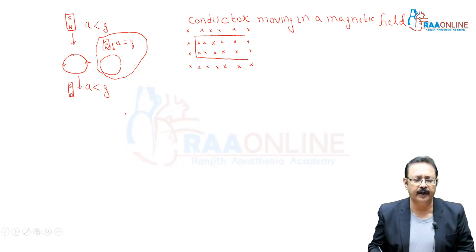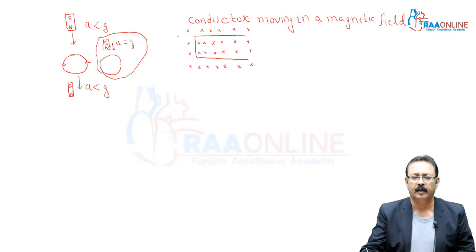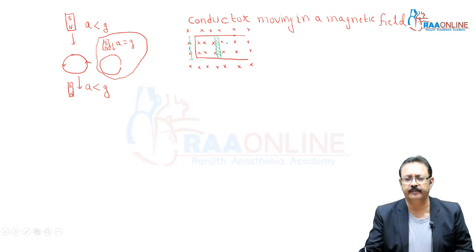Now, I have one conductor AB of length L, which is moving with a velocity v.